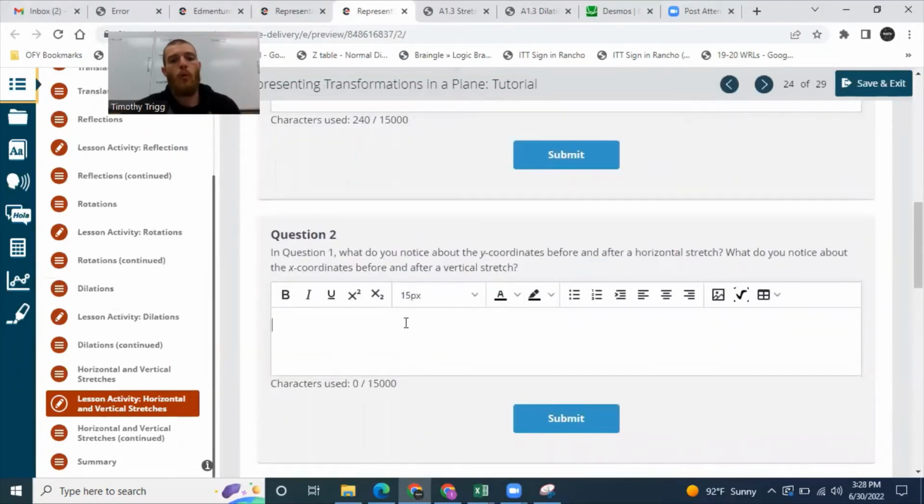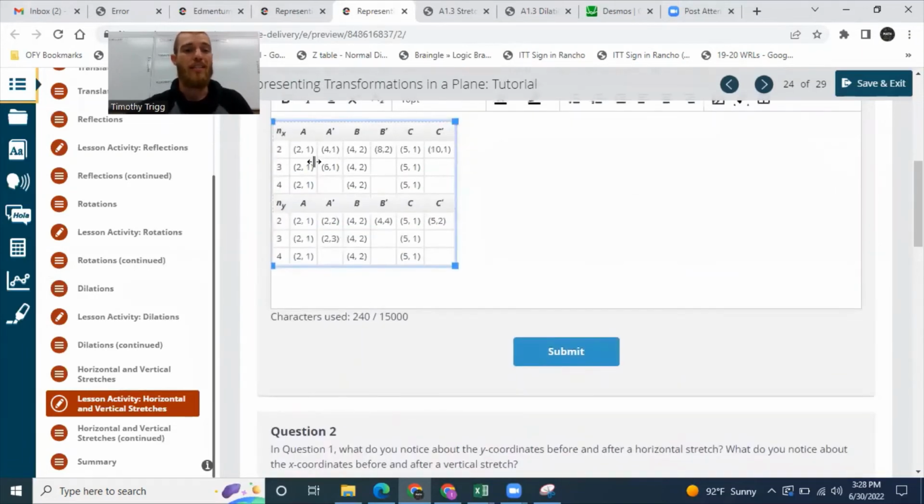In question 1, what do you notice about the y coordinates before and after a horizontal stretch? What do you notice about the x coordinates before and after a vertical stretch? So for the horizontal stretch, that's the n sub x. The y coordinate doesn't change. Notice A has a y coordinate of 1, and A prime is also a 1.